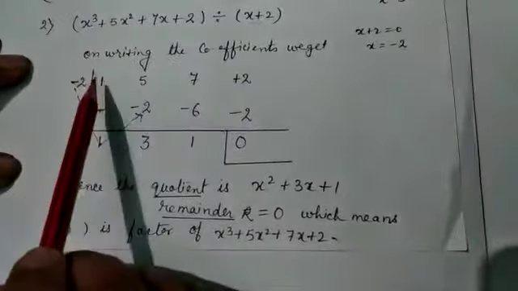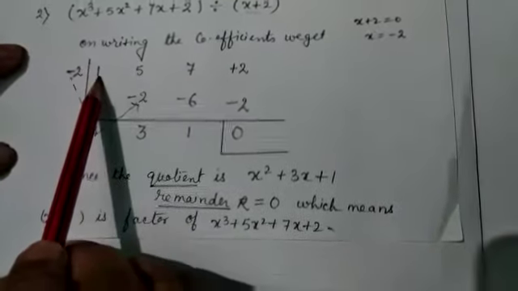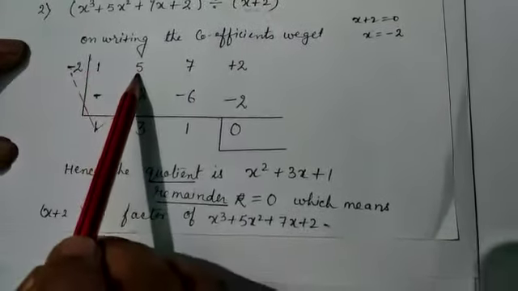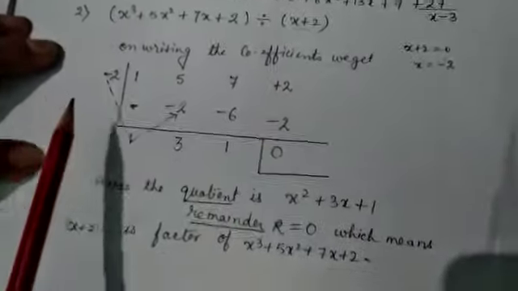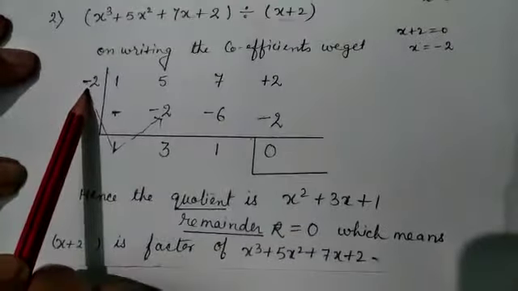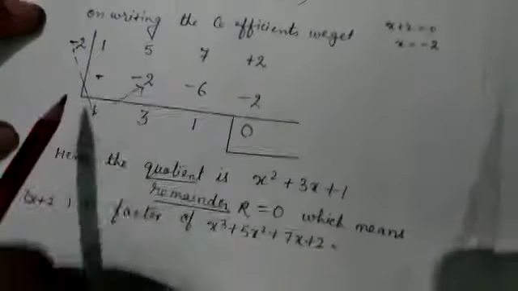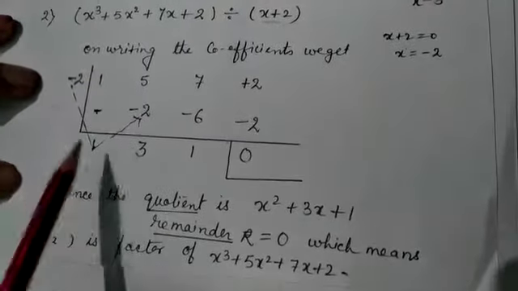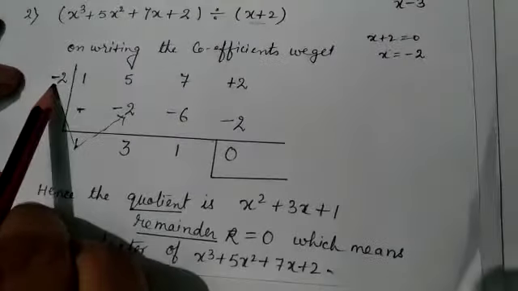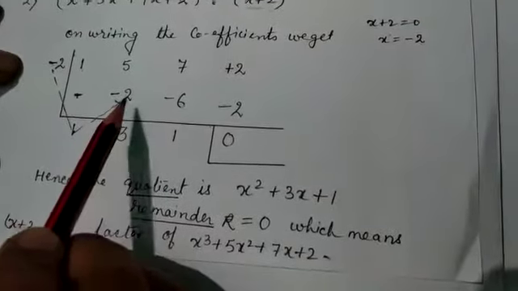On writing the coefficients, we get coefficient of x cube 1, x square is 5, here 7 and 2. On the left corner, we will write minus 2. Now, 1 will be written as it is. When we multiply 1 with this minus 2, we'll get minus 2.